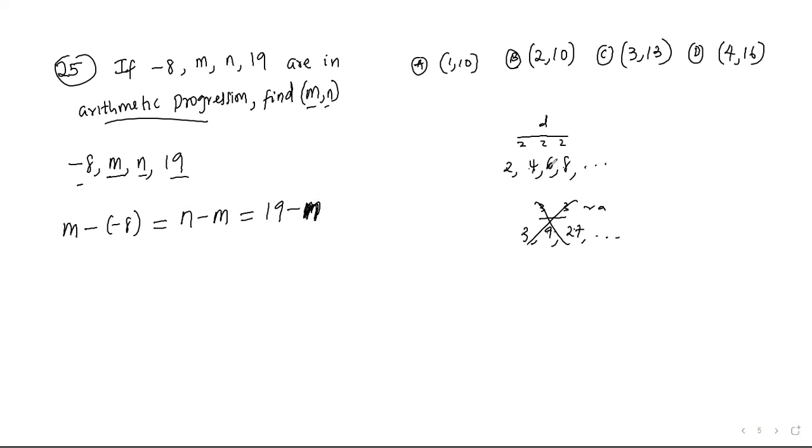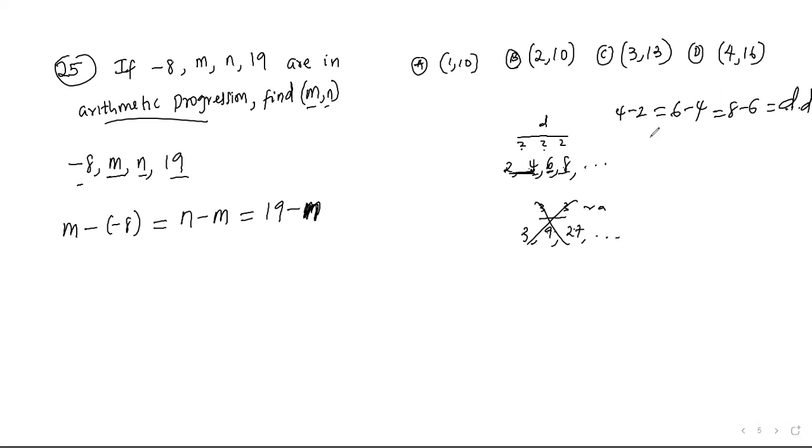Remember I told you that if you have 4 minus 2, you get 2, and 6 minus 4, you get 2. So their differences must always be the same. I mean to say 4 minus 2 should give me what 6 minus 4 will give me, and it should also give me what 8 minus 6 will give me. You understand? It continues, and all of those results are your common difference, which is your d.